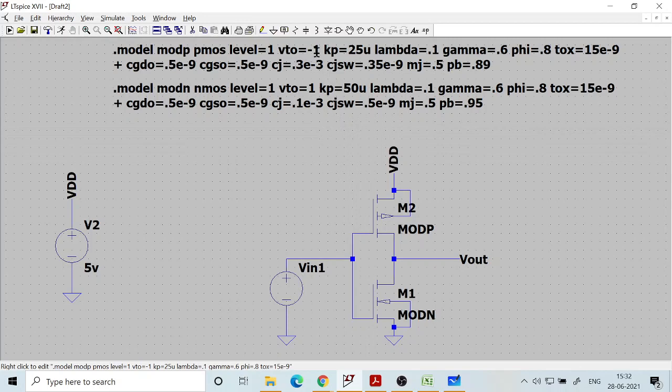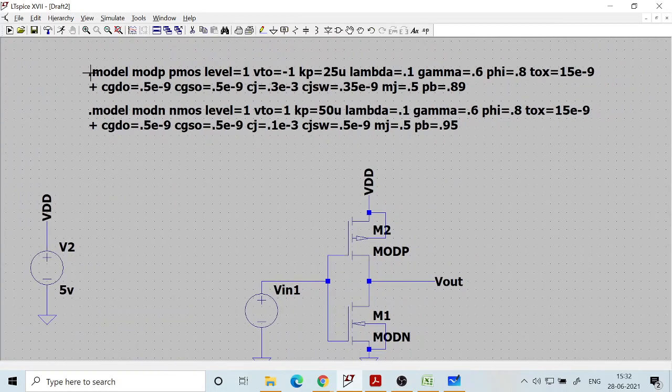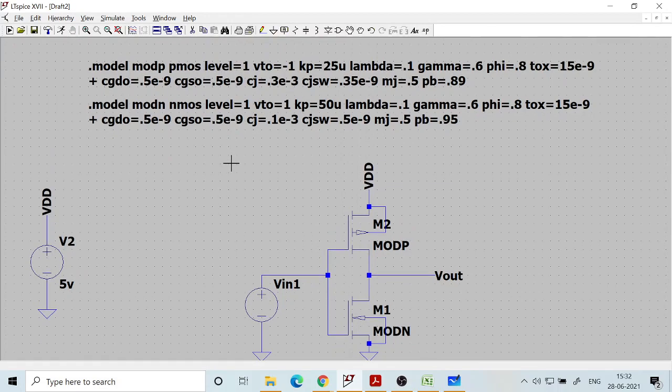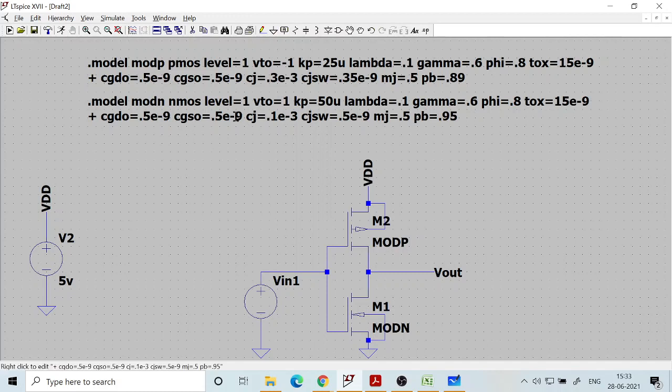VT naught is basically the PMOS parameters. This first part, mode P, is basically the model file for the PMOS device, and mode N is basically the model parameters for the NMOS device. Now VT naught is basically the PMOS threshold voltage.